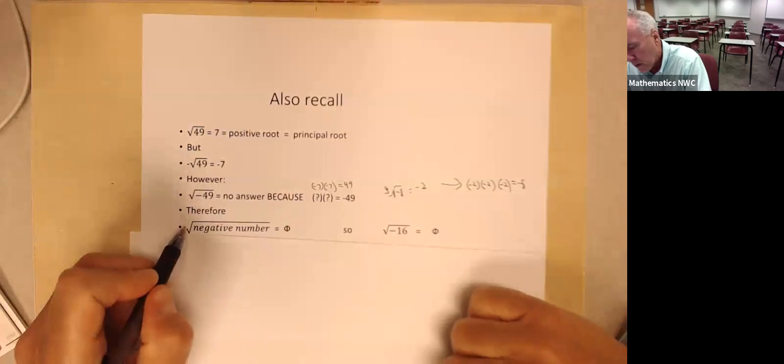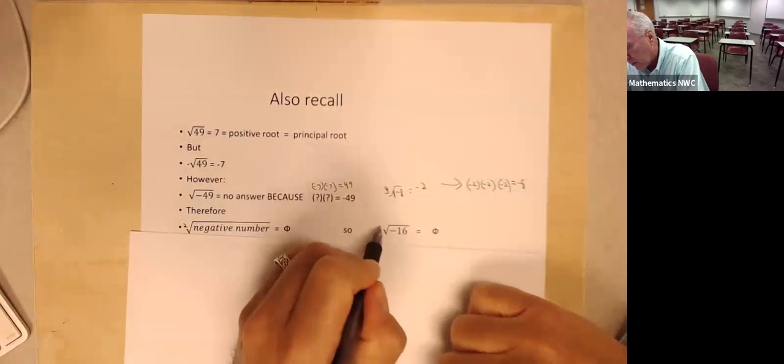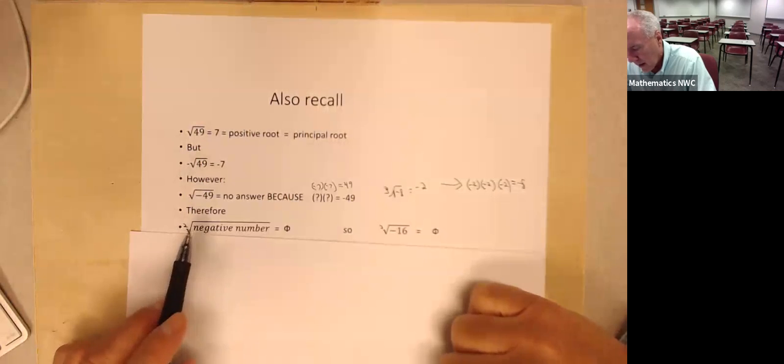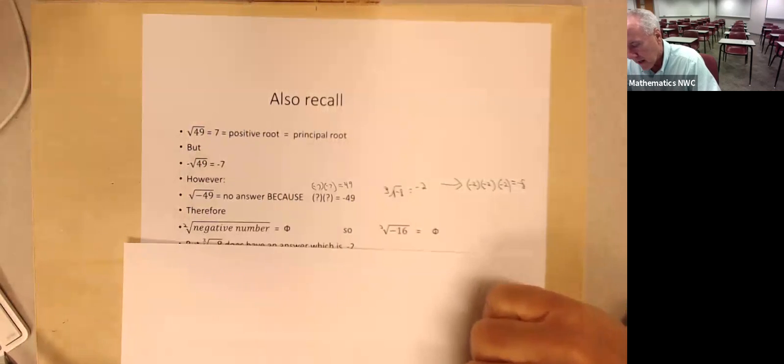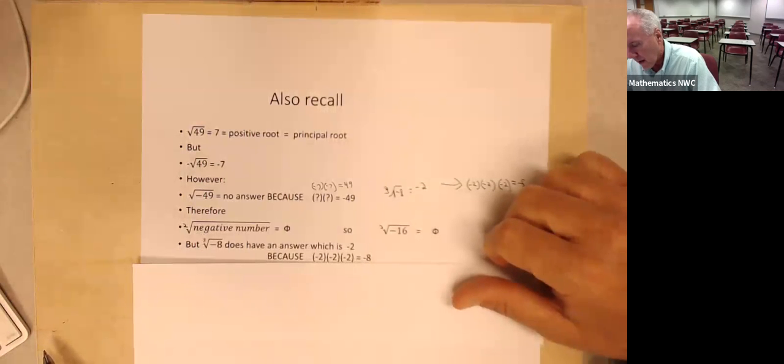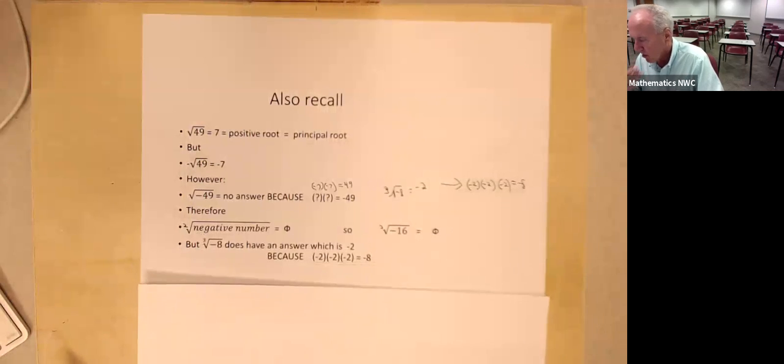But as long as the root is an even number, a 2, square root or fourth root or sixth root, we can never take an even number root of a negative answer. It just does not exist. As I mentioned, the cube root of a negative 8 does work for us.